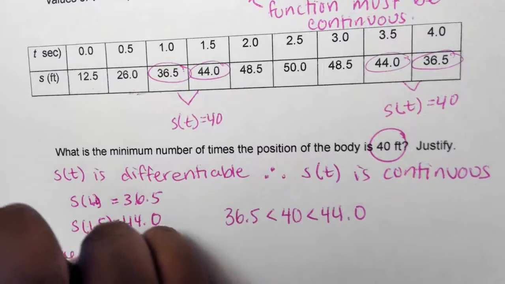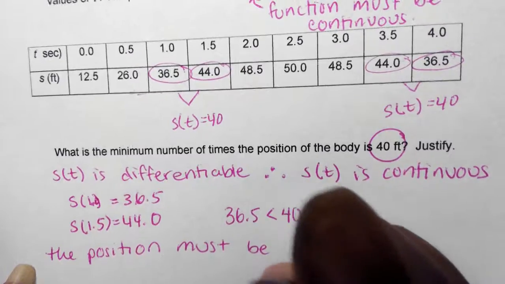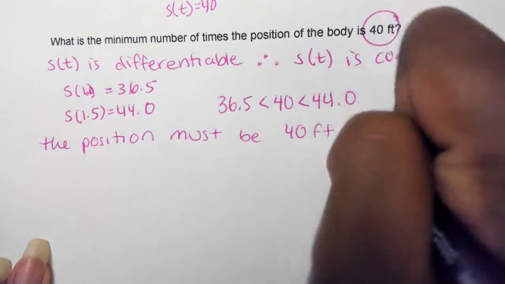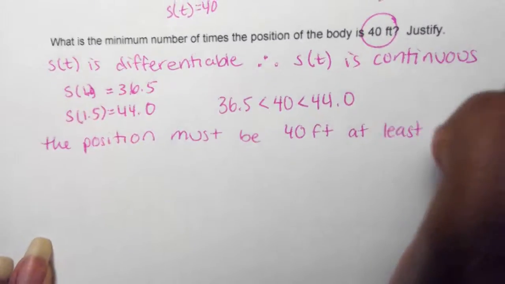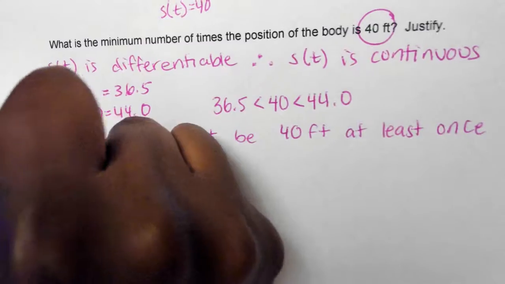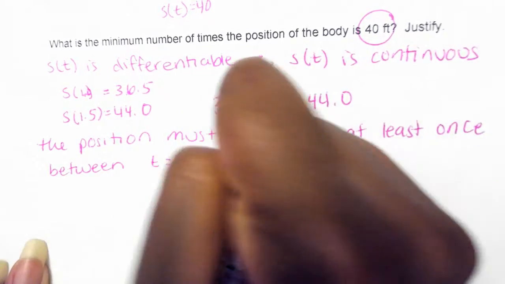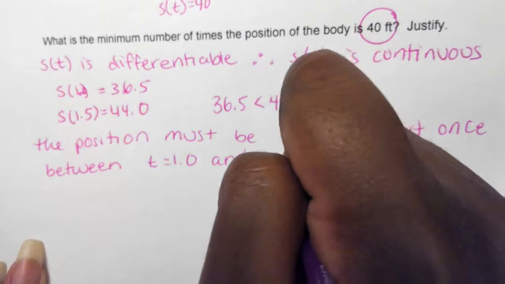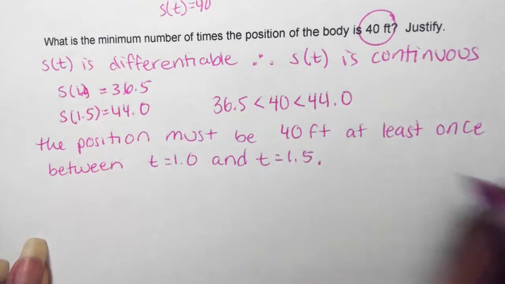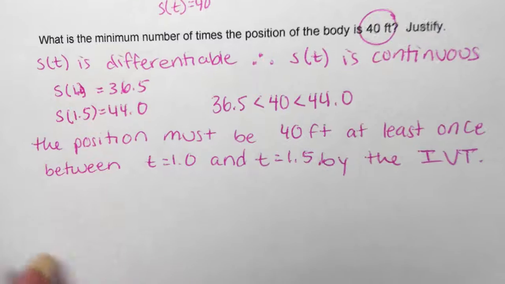So the position must be 40 feet at least once between t equals 1.0 and t equals 1.5, by IVT.